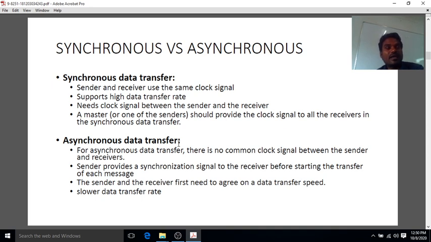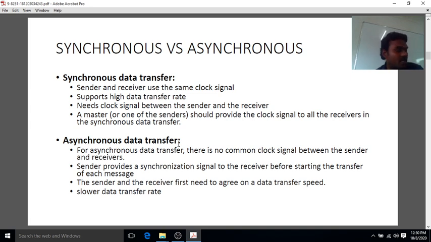For example, I am the transmitter and I want to transmit a signal to a device, that is a CRO. Before transmitting my information I send the synchronization clock signal to the CRO, such that the CRO is now ready to accept the data which is going to be transferred by the sender.